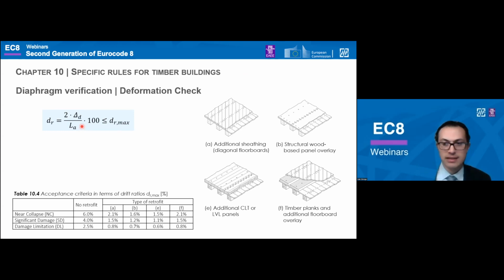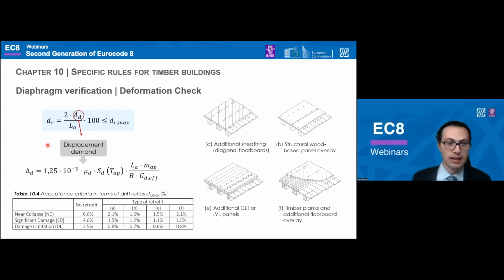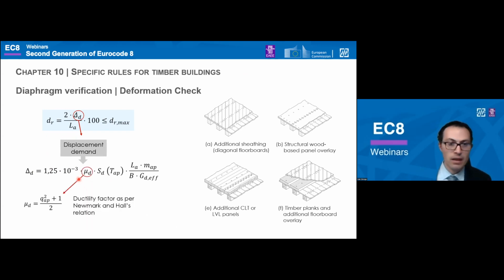The displacement demand at the diaphragm midspan is obtained with this formula here, which relies on the beam equivalence that I've mentioned earlier. And the limits to the drift ratios are given in table 10.4 for the various diaphragm configurations and for different limit states.